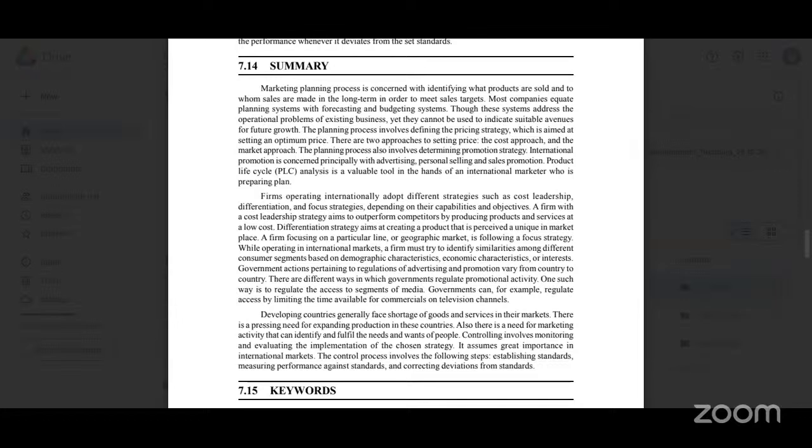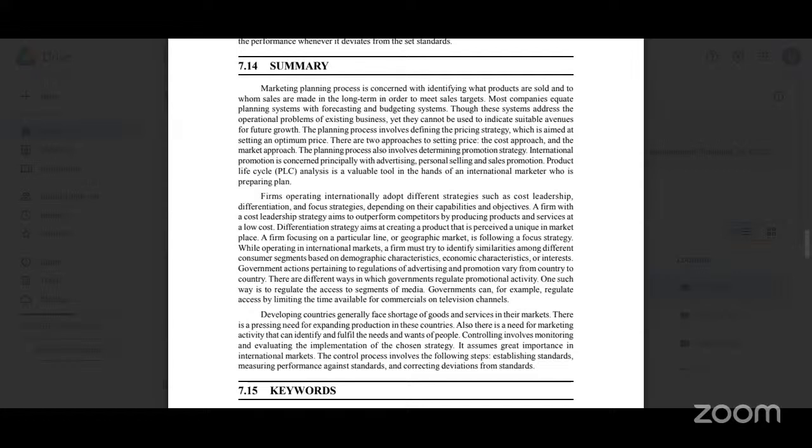It is a planning process which involves defining the pricing strategy, which is aimed at setting an optimum price. The other point that we have considered is product promotion, which consists primarily, for international marketing, of advertising, personal selling, and sales promotion.